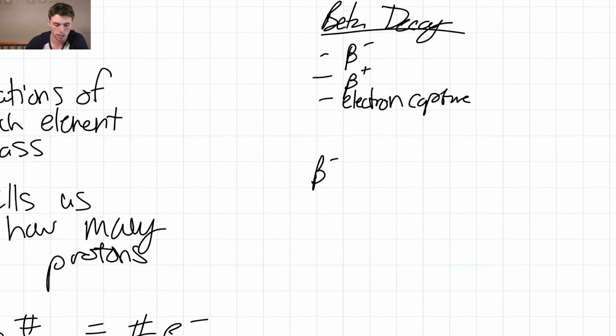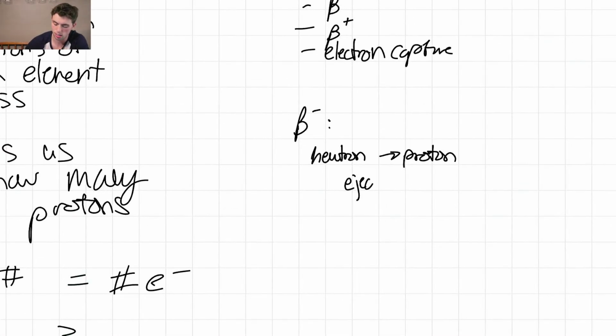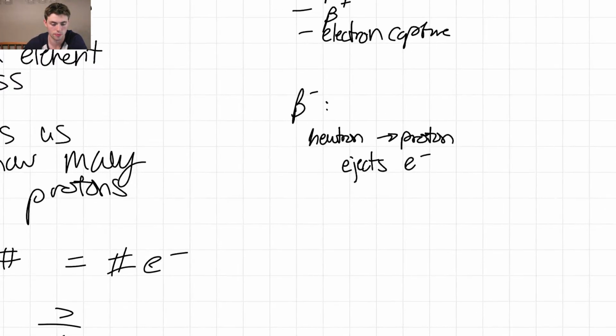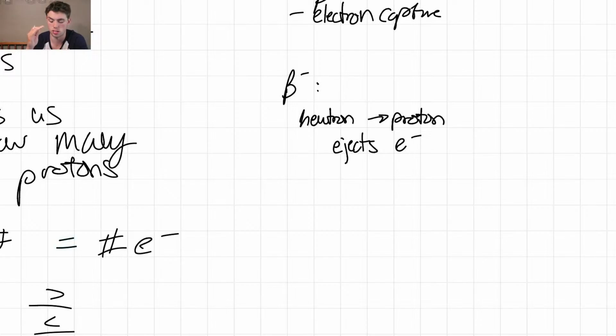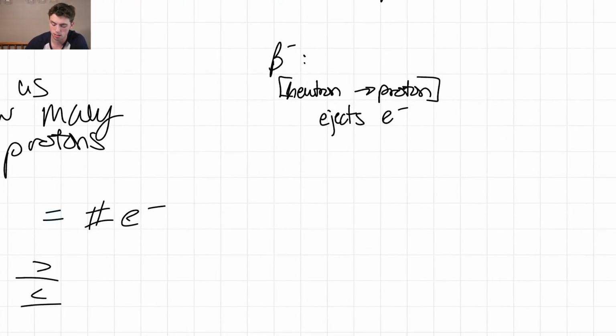So beta minus is when a neutron actually becomes a proton and ejects, or gets rid of, an electron. This is actually pretty weird, because beta minus takes atom 1, whatever it could be, and turns it into atom 2.